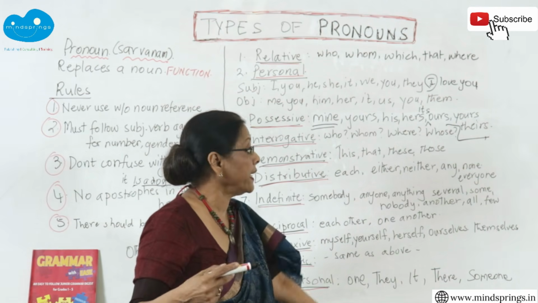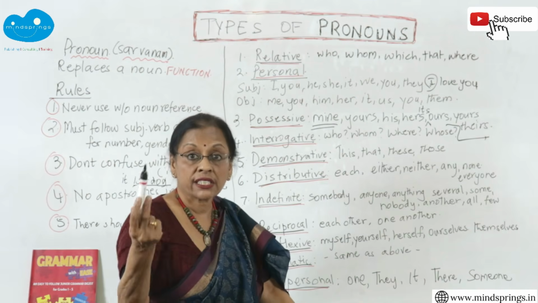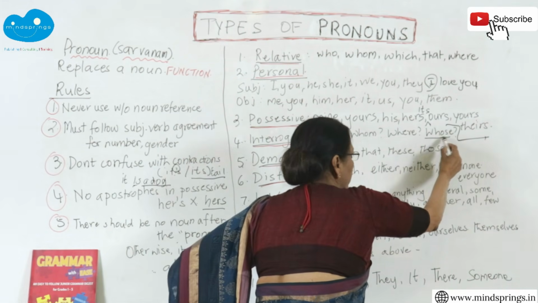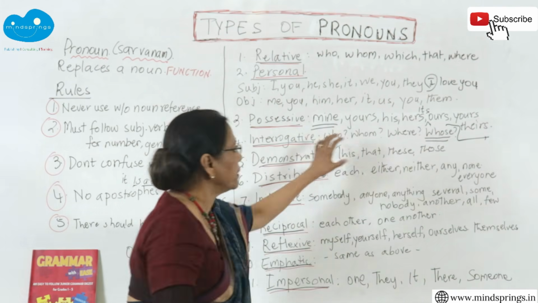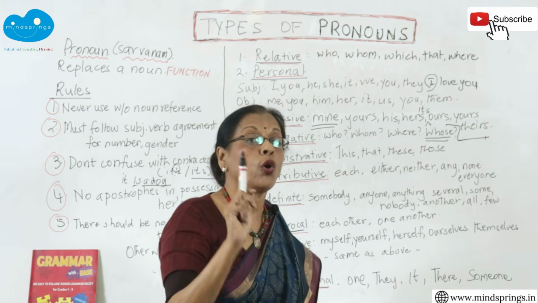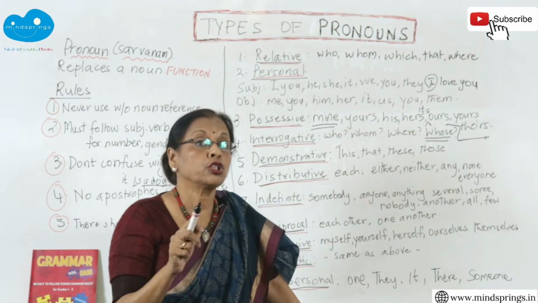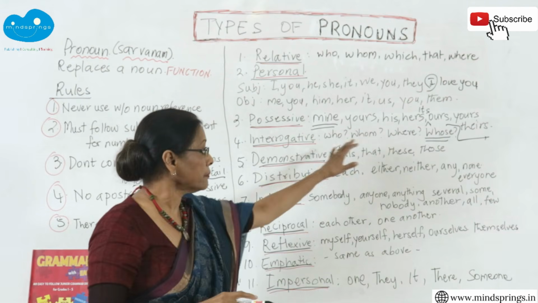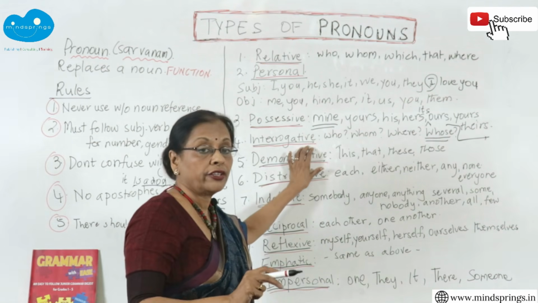"Where" will stand for a place. "Whose" will actually, I think, stand for possession, so I am a little doubtful about this. But these words can definitely be replaced by either a person or a place, or a thing. Okay, so those are your interrogatives.